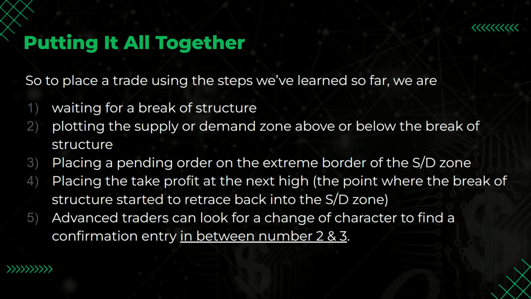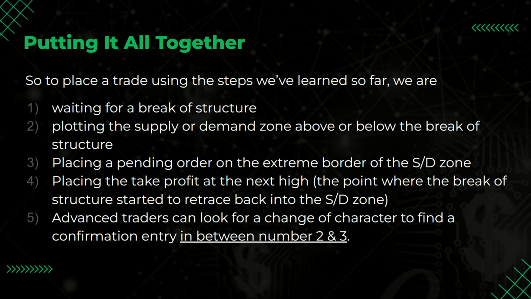So if you have a bearish break of structure, it's likely that the market is going to retrace back into the newly created zone and then continue bearish at some point in the future. And it's the same thing for a bullish market. If you get a bullish break of structure, it's likely to retrace into the newly created leg or zone and then continue bullish at some point in the future.